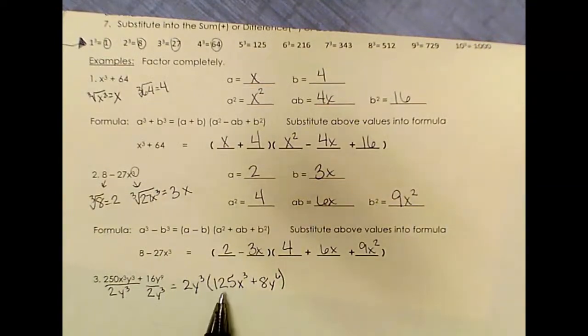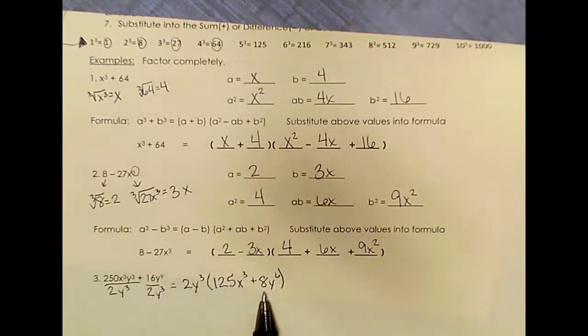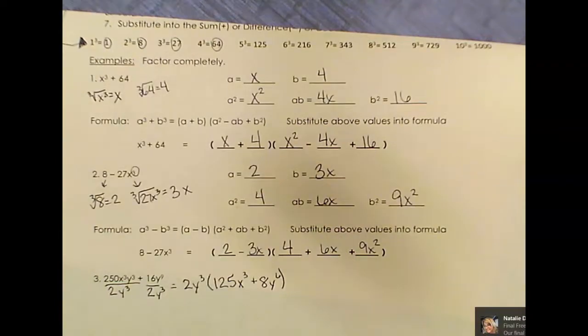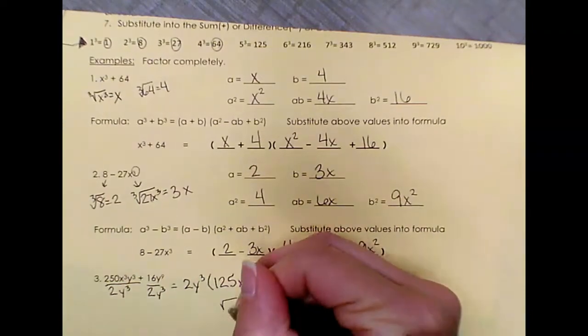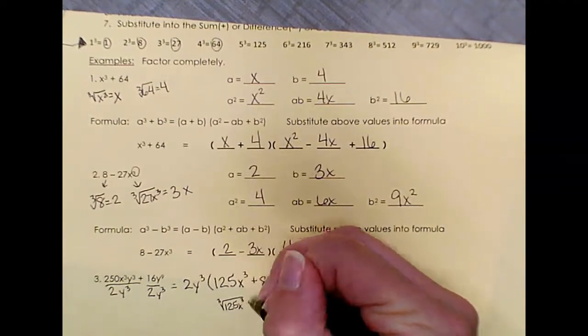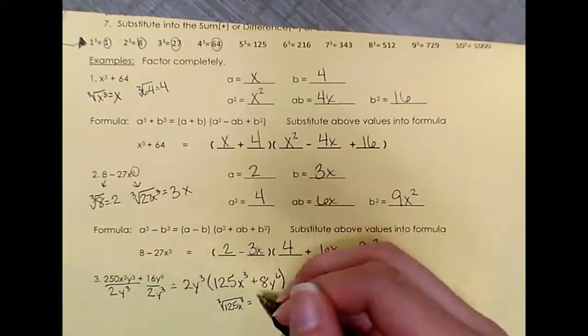So now the 125 is a perfect cube and the 8 is a perfect cube. So we're able to continue with our sum of cubes formula. If I cube root 125x cubed, the cube root of 125 is 5.